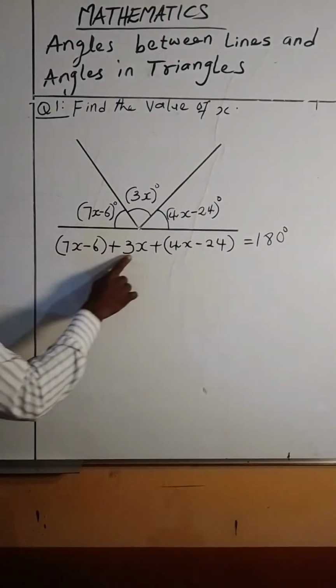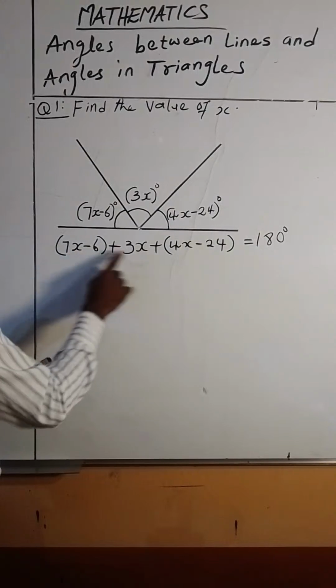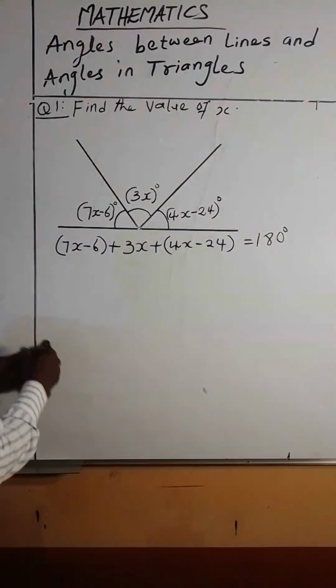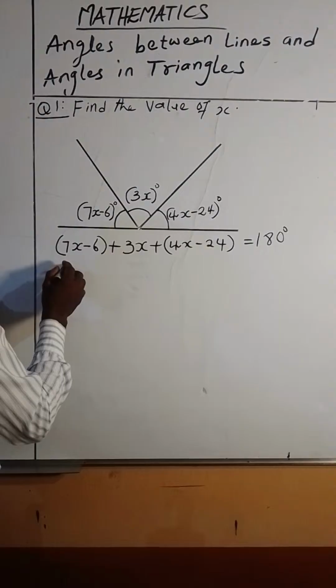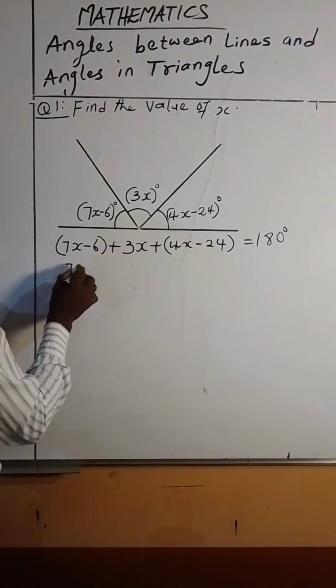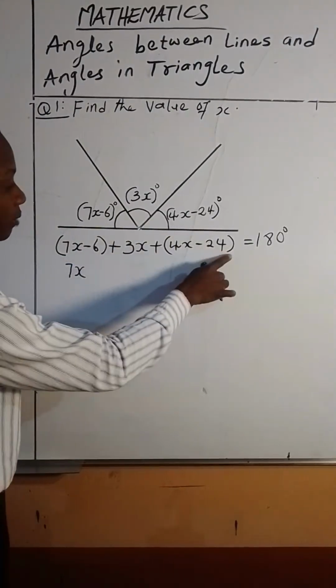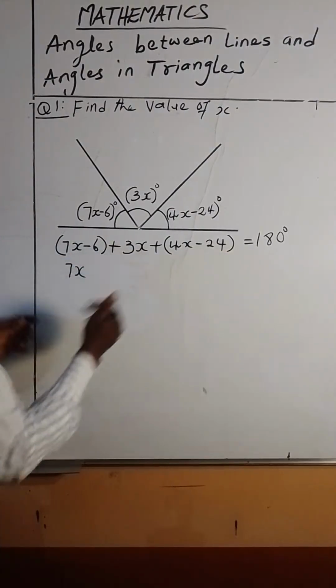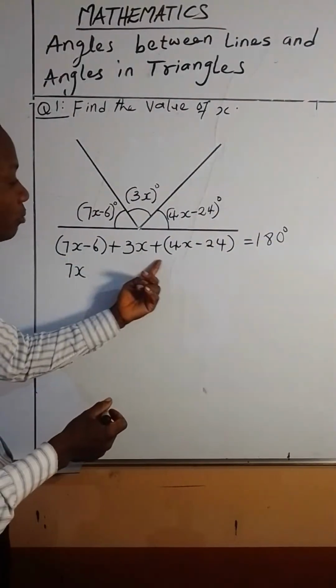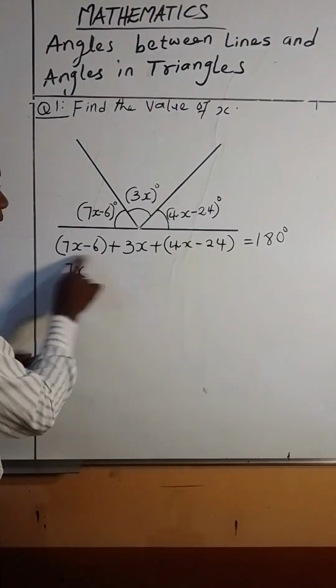Then we bring like terms together. The terms in x will be brought together. So here we have 7x. Here the bracket does not really matter because nothing is changing whether we open the bracket or not. So just bring the like terms together.